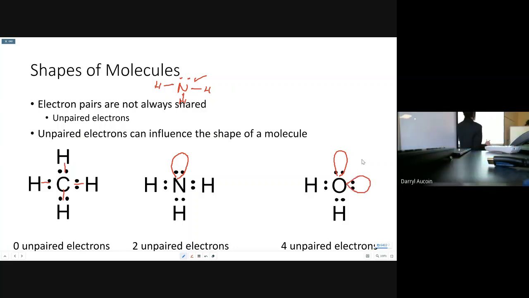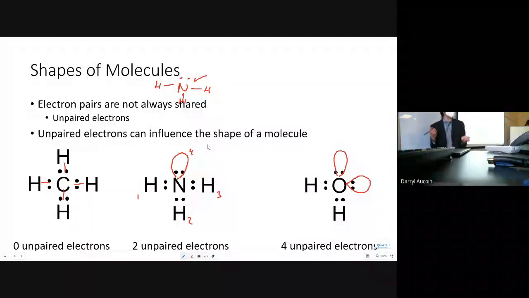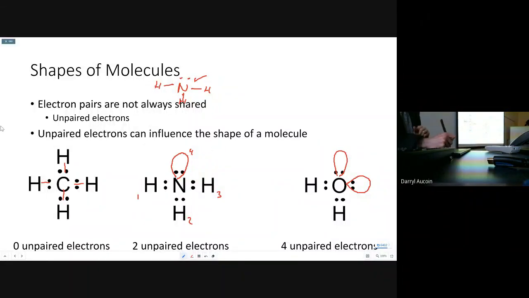So if you were to count how many things are attached to all 3 of these molecules, this one, there's 4 H's. This one, there's 3 H's and some electrons. But if we were to count that, we'd say there's 1, 2, 3, 4. So even though those electrons are invisible, it's like you have 4 things there, just like you have 4 things here.